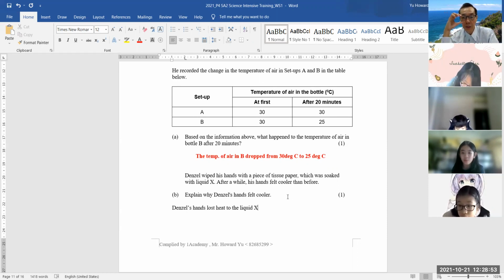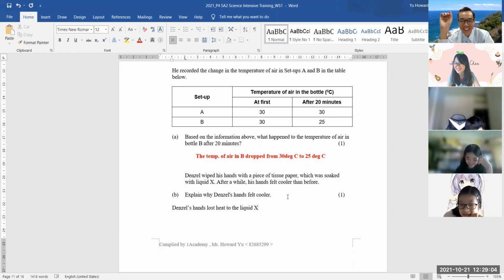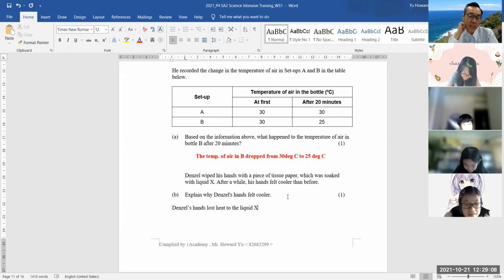Okay, here nothing to do with contract. How can you talk about contract? Because his hand feels colder only. He didn't say his hand becomes smaller. So actually, they ask you to explain why his hand felt cooler. Actually quite easy, right? You just say Denzel's hands lost heat to liquid X.